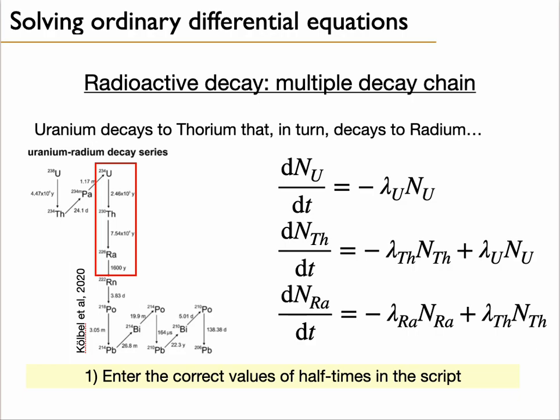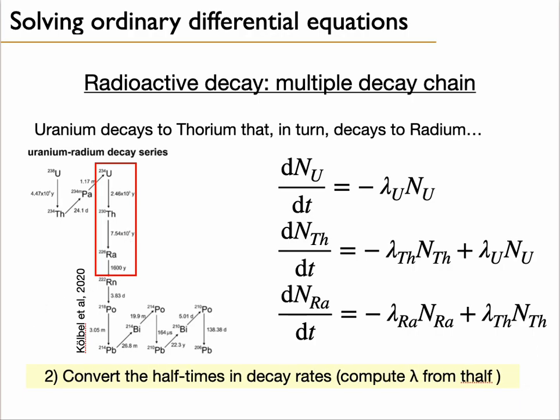So in the exercise, what you will have to do is to enter the correct value for the half-time. So here you have this parameter, which is given here for the half-life time, and we will need to compute lambda from T half.